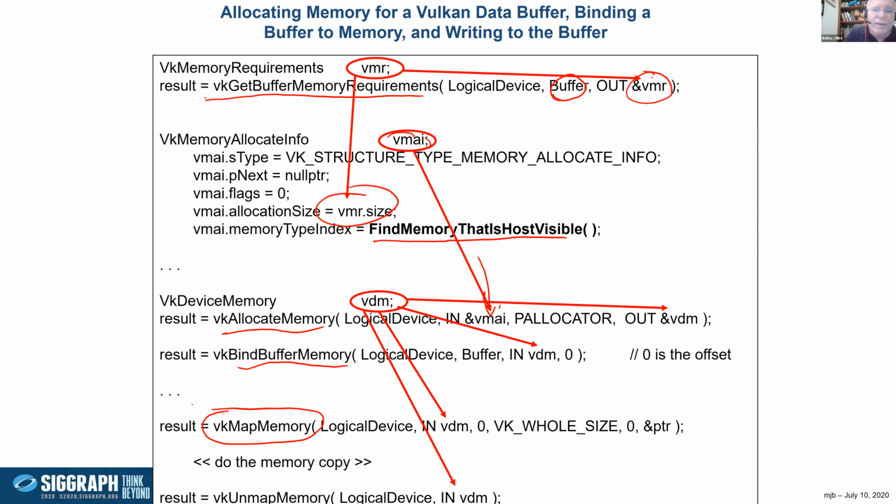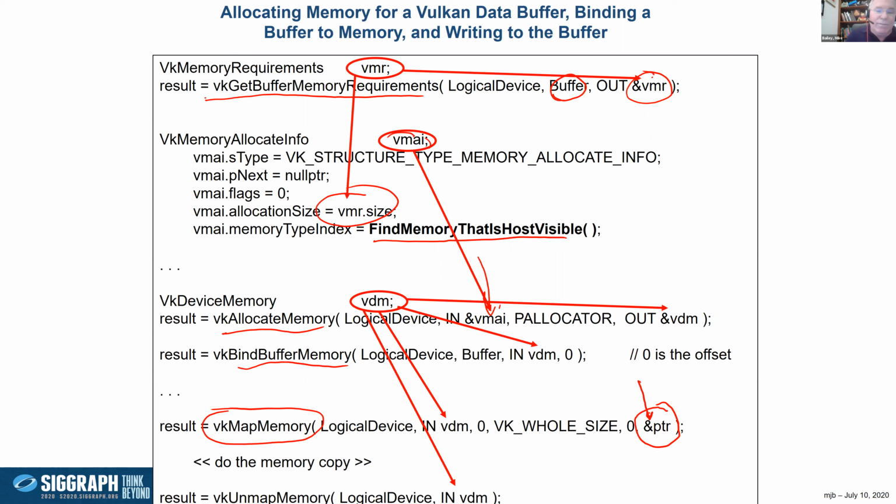What that does is it creates a pointer and fills the pointer with bits that make it look like that's local to the host. It's not. It's over on the GPU. It's in GPU memory, but this makes it look to you and your program like it's local in the CPU.